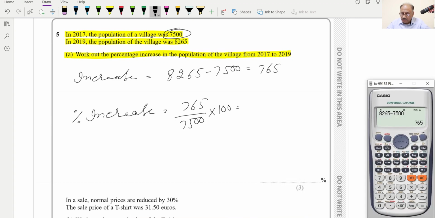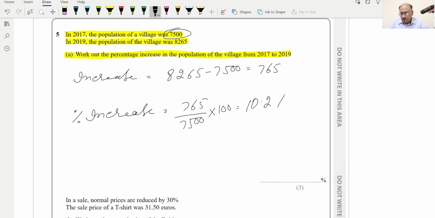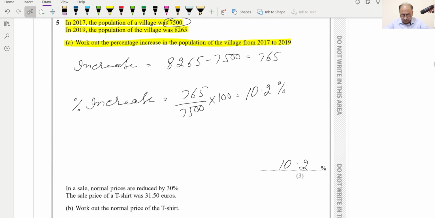We can take the fraction 76500 divided by 7500, which is equal to 10.2%. So 10.2% will be the final answer.